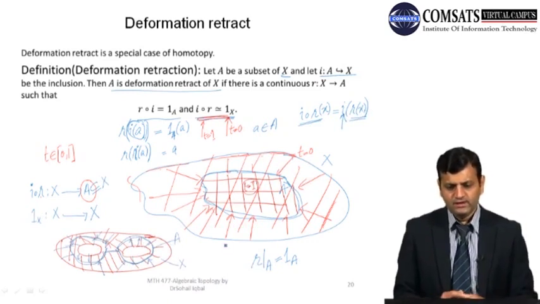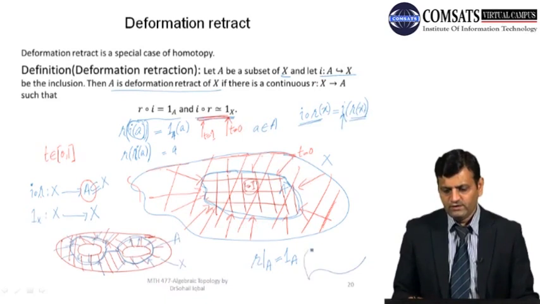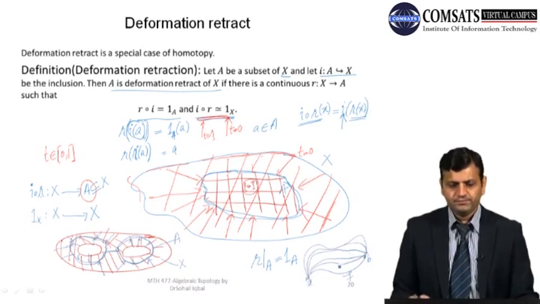As you can see, it is a special case of homotopy. In homotopy we do basically the same thing. We have a function f, and we have another function, let's say g, and these are the endpoints. We are continuously deforming one function into the other function.